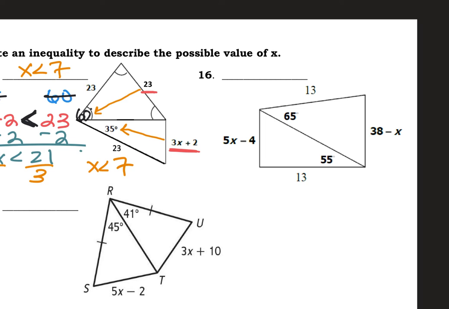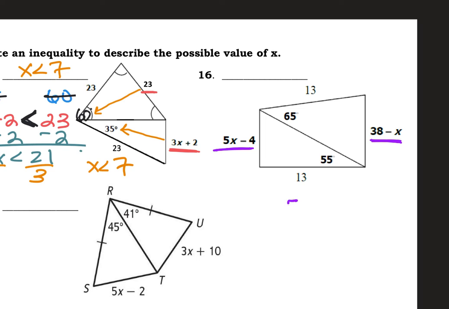The next one I think is a little easier because the two equations are obvious, right? So what equations are we looking at? 5x minus 4. And what other side? Okay, if you're looking at the sides, you have to look at the opposite angle.